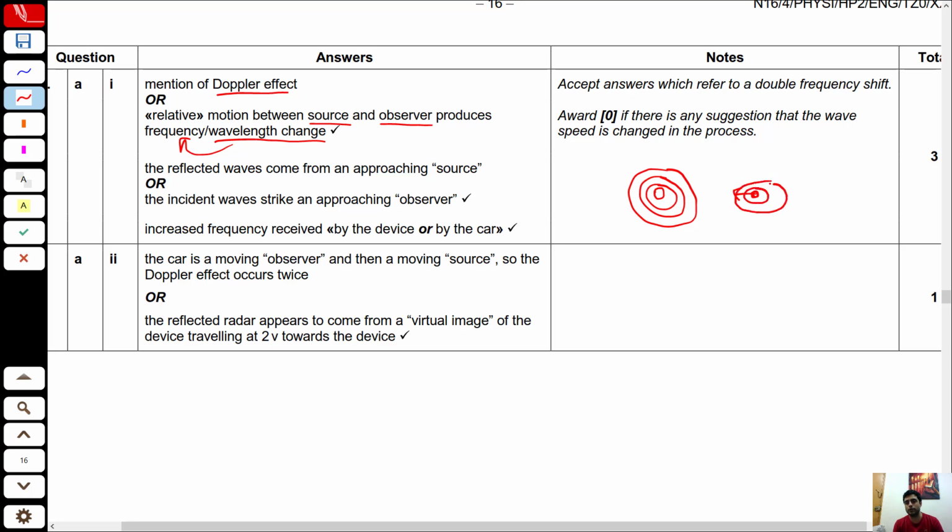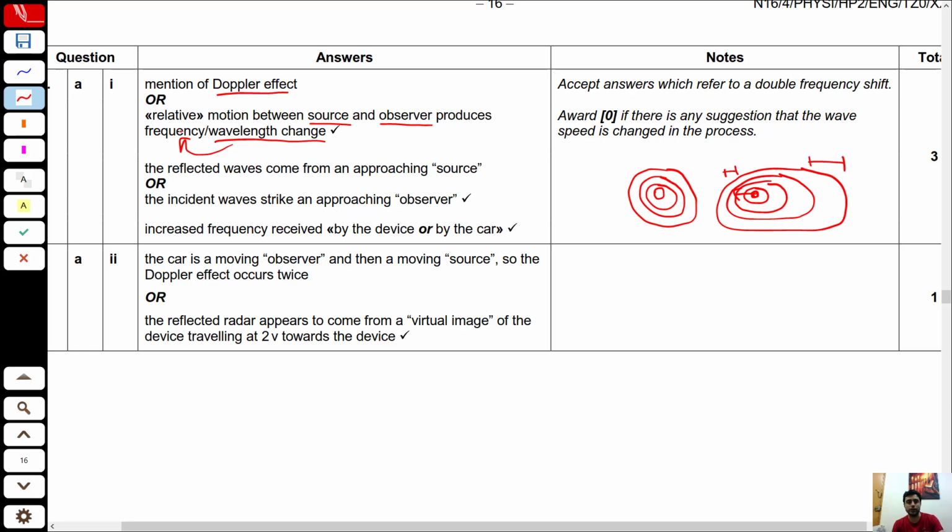So the wavelength will change, like this. You can see there's a change in the wavelength, right? The wavelength becomes shorter here, it actually shrinks here, whereas the wavelength expands here. So this relative motion between the observer and the source produces a change in wavelength that produces a change in frequency.